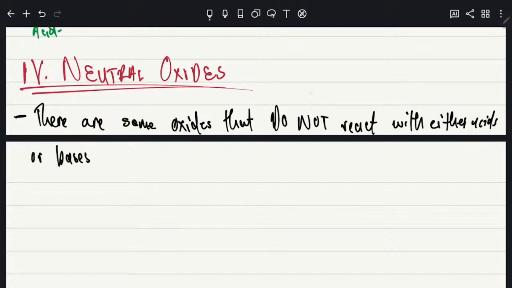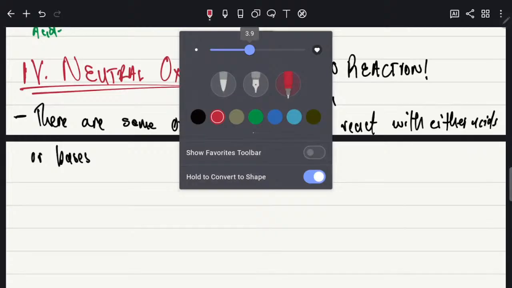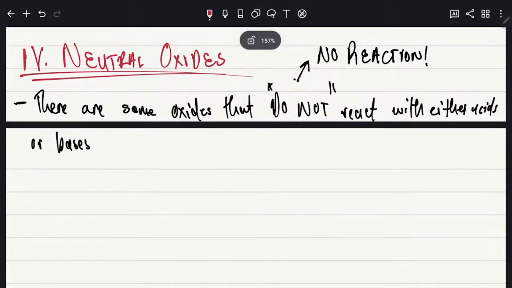They do not. Key thing here, no reaction. They do not react with either acid or base. And, okay, these are neutral oxides.